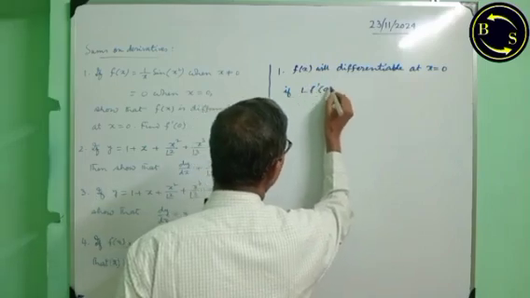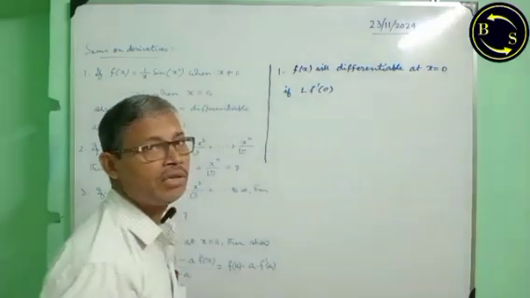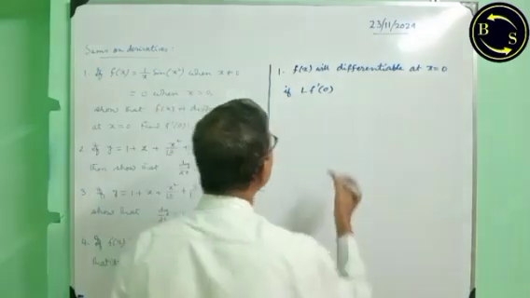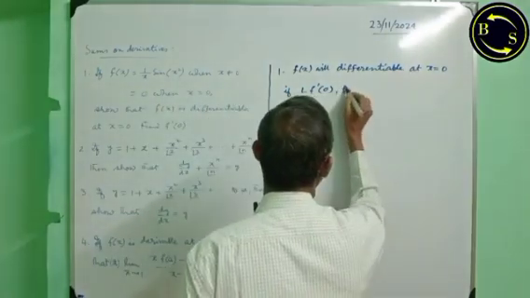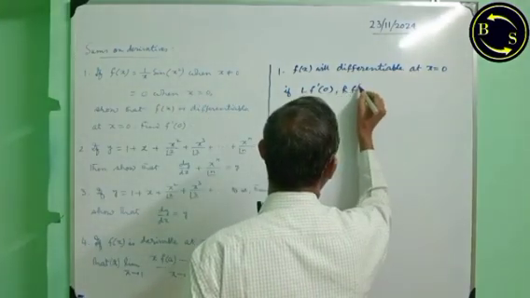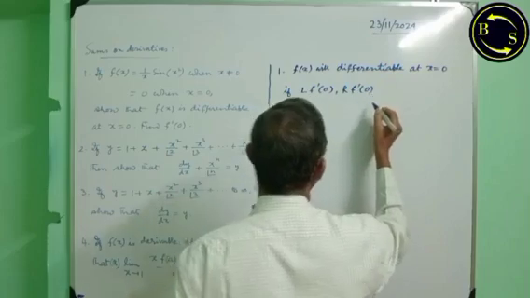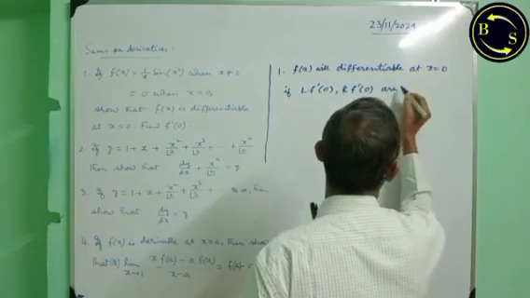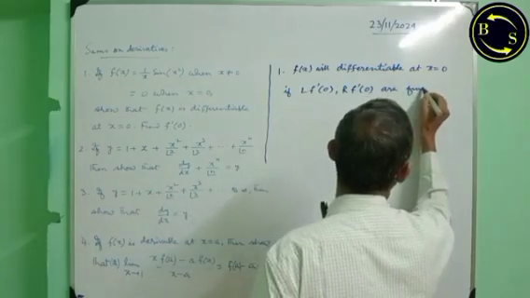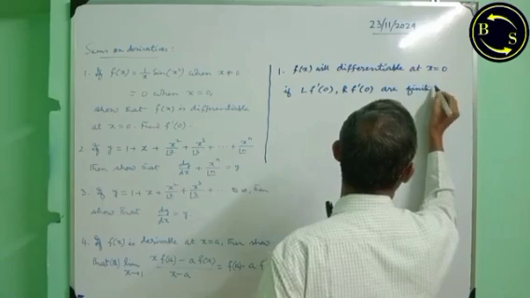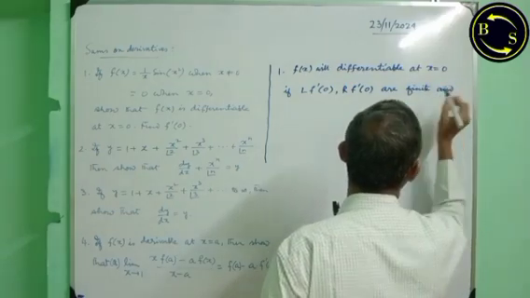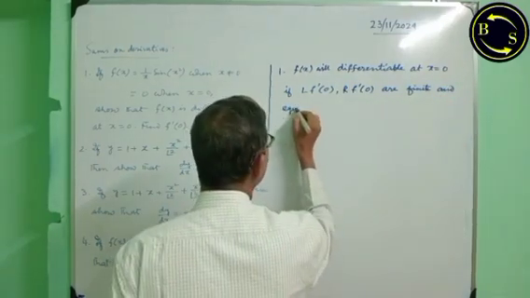Lf'(0), that is the left hand derivative at x equal to 0, and Rf'(0) are finite and equal.